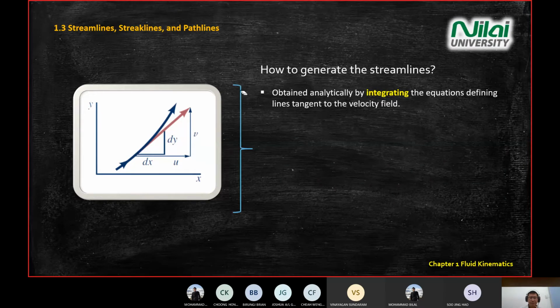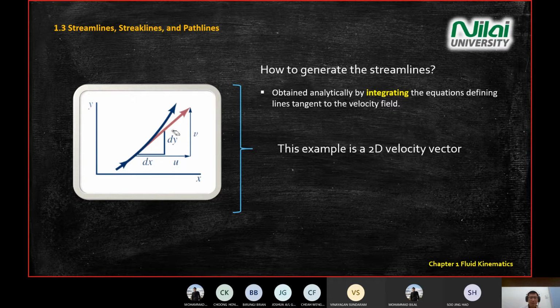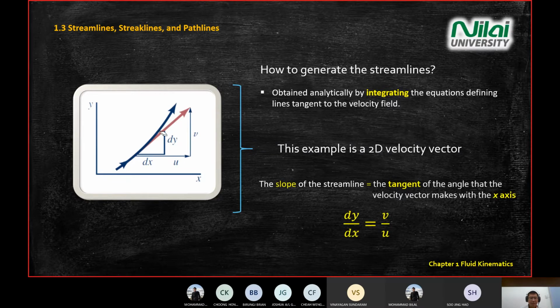We are going to look at the procedure to generate the streamline. Every time we are given an equation, in this example, we have a 2D velocity vector here. This velocity vector, the red arrow, is a 2D velocity vector. You break it into x-axis and y-axis, right? And then we have the slope. The slope of the streamline, by the definition of the streamline just now, is the tangent of the velocity vector.